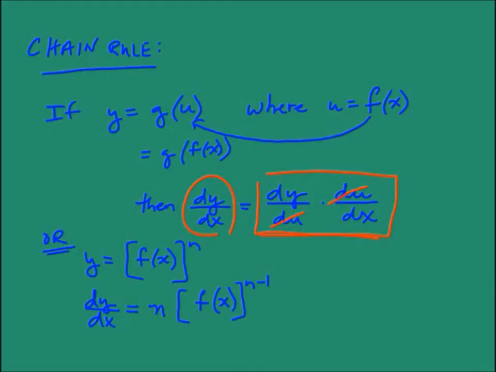Second part of the chain rule is then we need to also multiply that by the derivative of that inside function. Okay, so here we're basically looking at two functions, the function f and then the entire function here. Okay, the function f has another function attached to it.